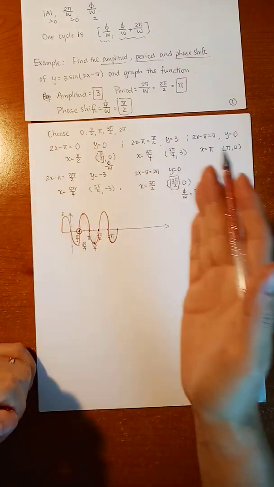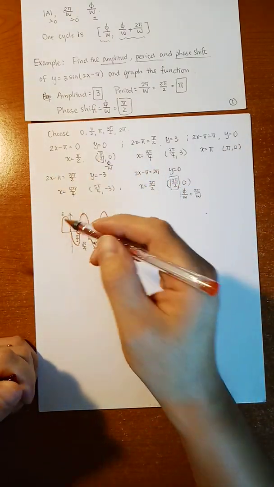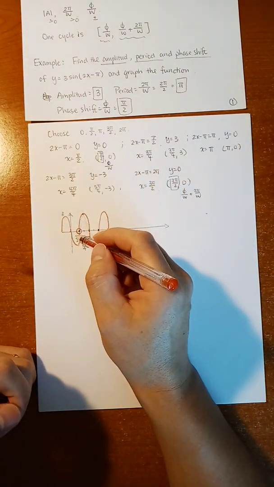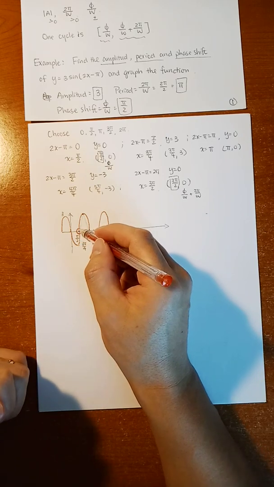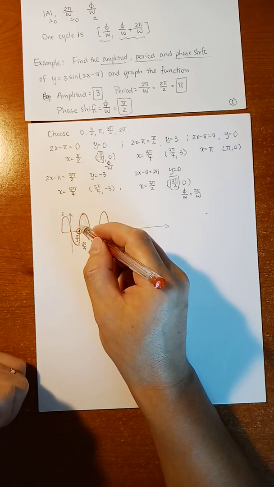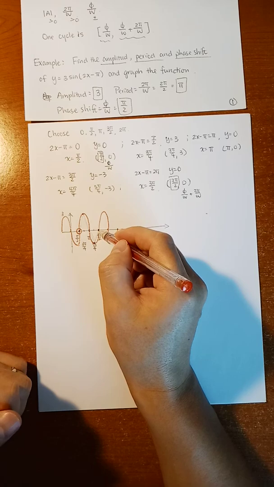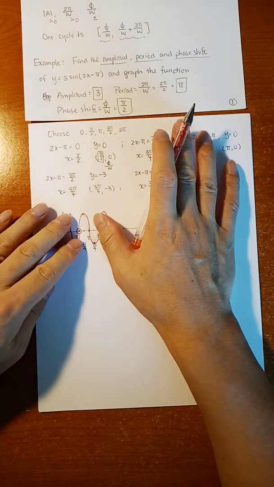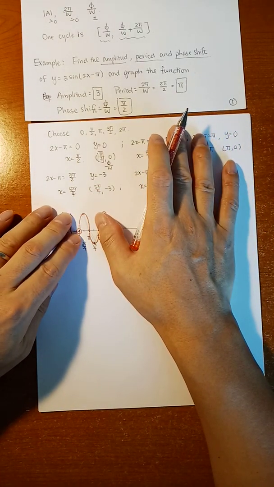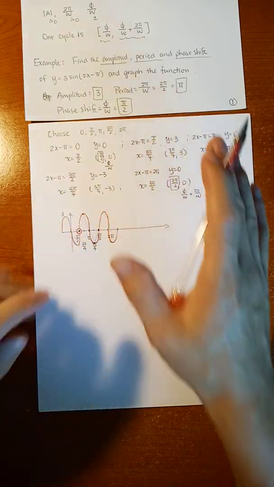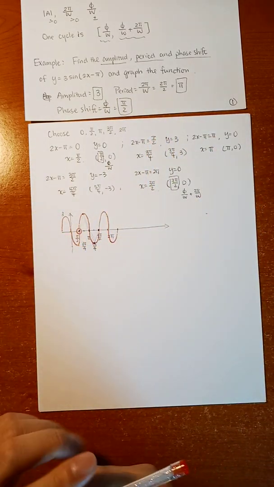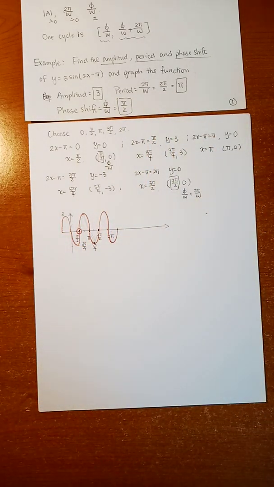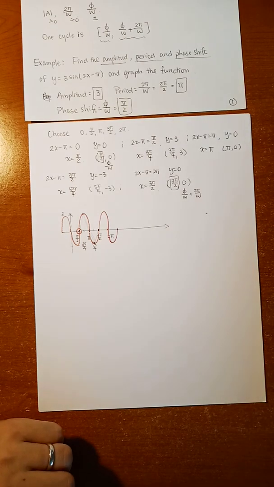And then you shift this initial point, so you shift the phase. So that's why it's called a phase shift. It looks like you start from pi over 2 and you stop at 3 pi over 2. Remember that when we only had this part of the graph. So the phase shift is the starting point of one cycle.